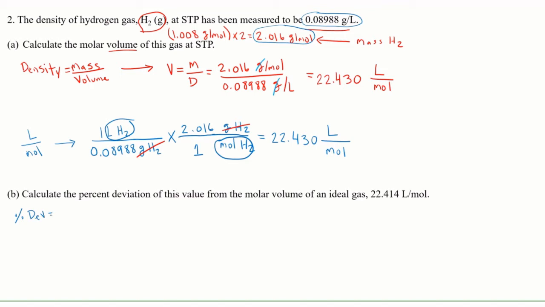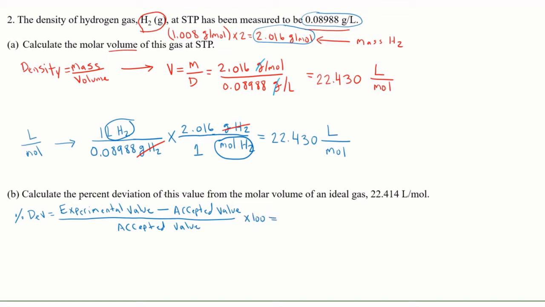is equal to the experimental value minus the accepted value, divided by the accepted value, multiplied by 100.